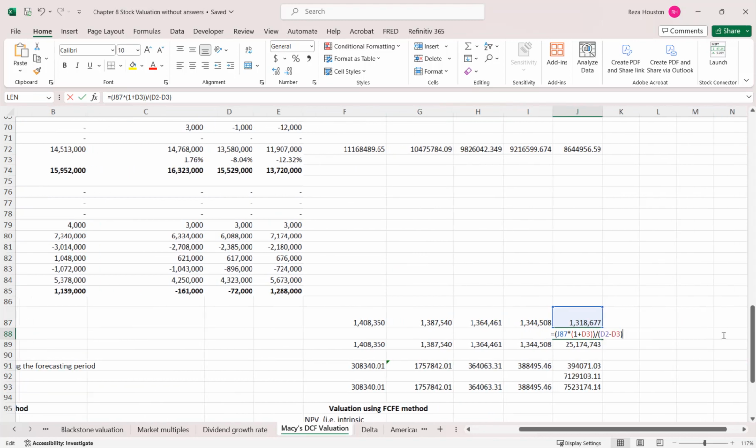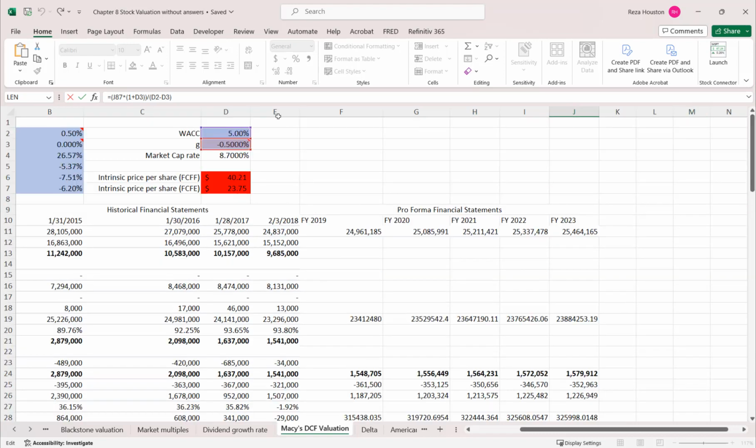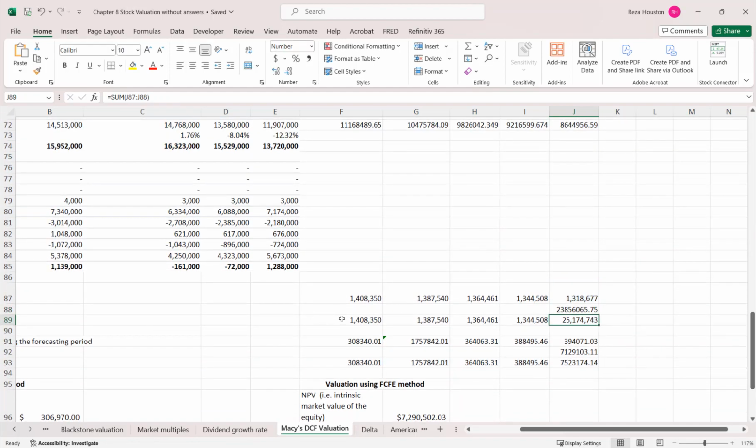And then I have a terminal value cash flow right here. So just assume that this last cash flow in 5 years is going to grow at a constant rate, say negative 0.5%, and we're going to discount that at a 5% WACC. And so here we have a stream of free cash flows to the firm.